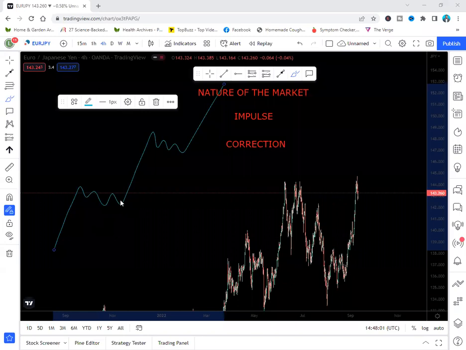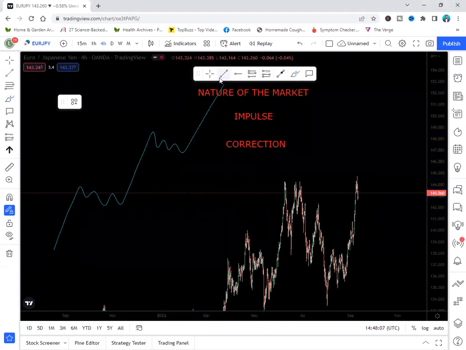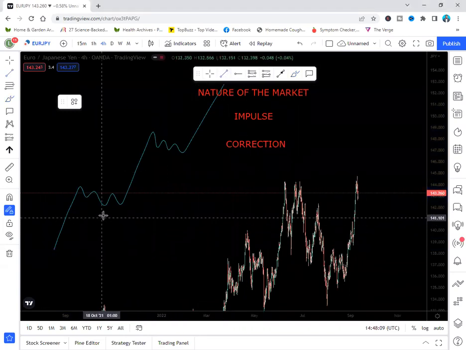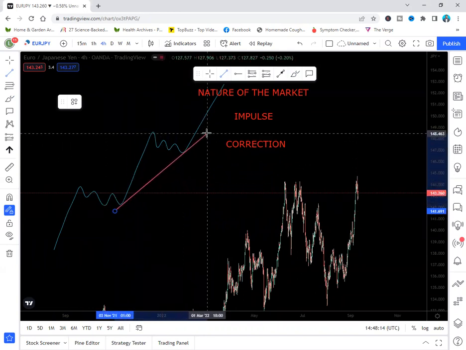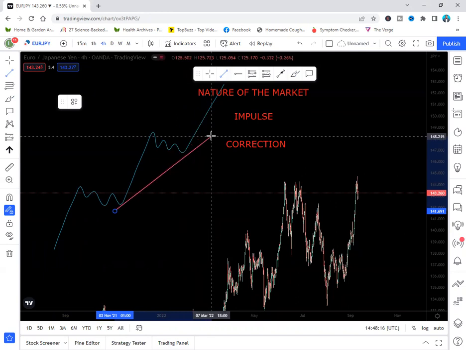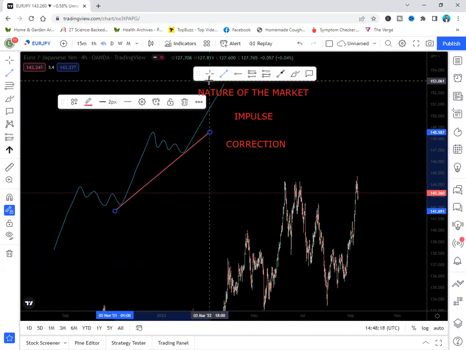Based on these impulses and corrections, you are able to get two endpoints, which becomes a trend line.